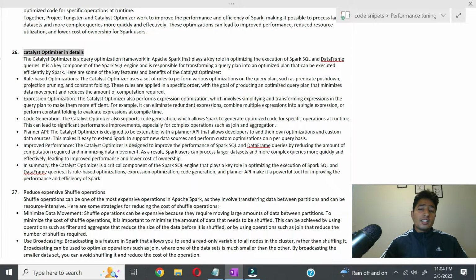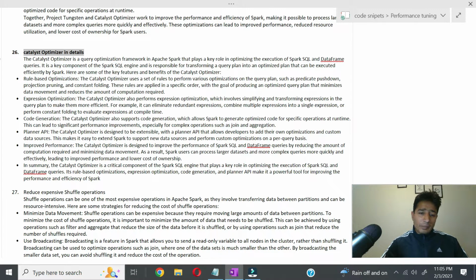Okay, so what are the key features and benefits of Spark Catalyst Optimizer? First, it has rule-based optimization, it has cost-based optimization as well, it has expression optimization, and it will generate code. So Catalyst Optimizer also supports code generation, which allows Spark to generate optimized code for the specific operation at runtime. It has a Planner API.